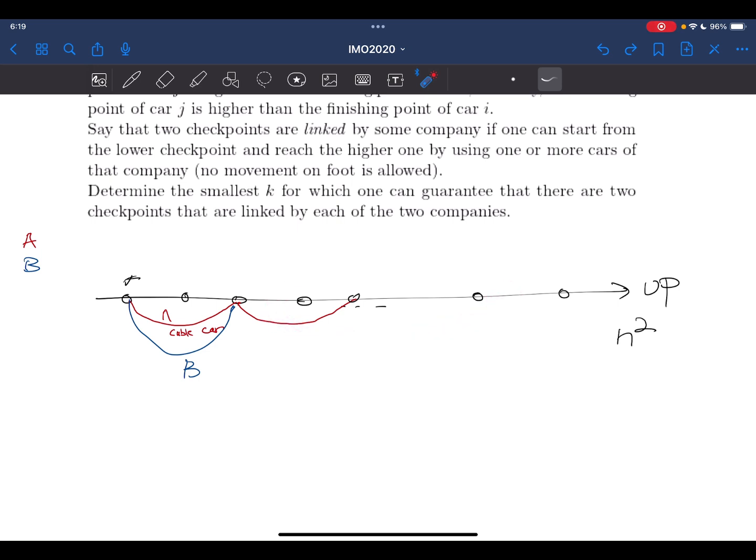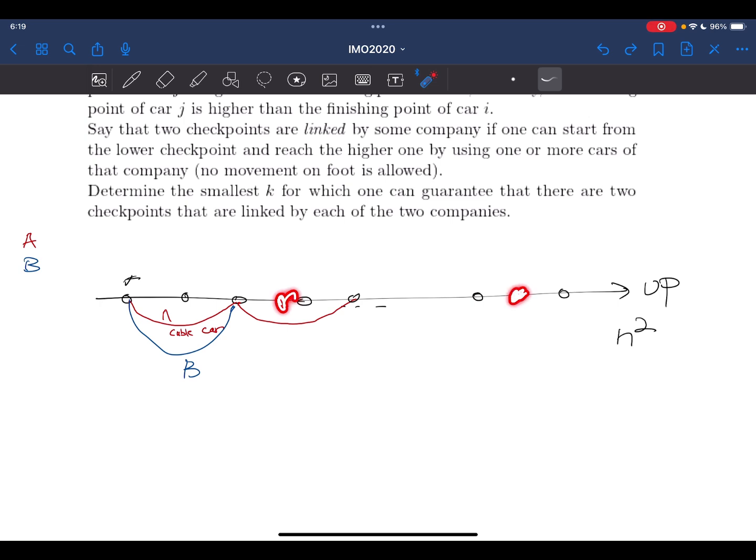So basically, I have this company and there is a car here, and there is another A car here, and then there is another A car here. So that basically means these two checkpoints are linked using company A cars, right? And the same for company B.